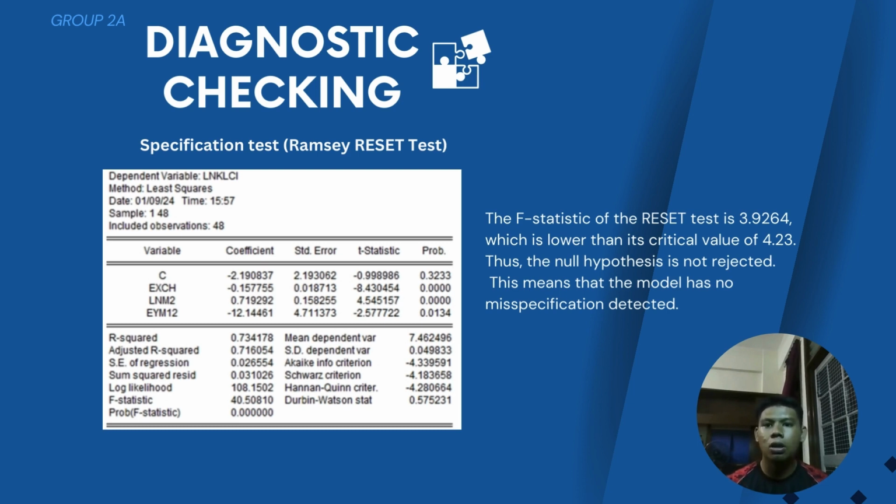The F statistic of the RESET test is 3.9264, which is lower than its critical value of 4.23. Thus, the null hypothesis is not rejected. This means that no misspecification is detected.